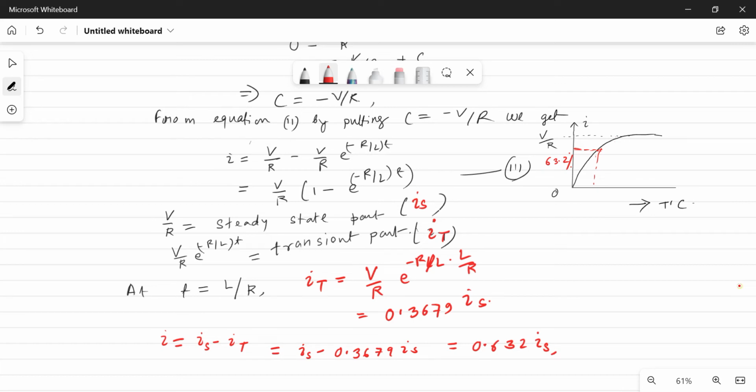So this is actually 63.2% of IS. So at 1 tau, the value is 63.2% of IS.